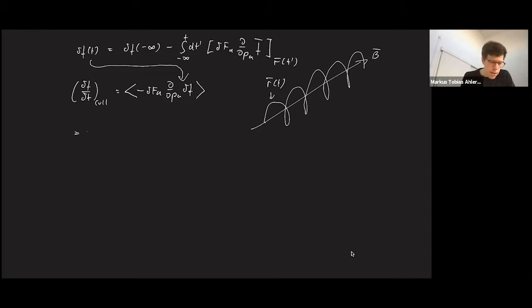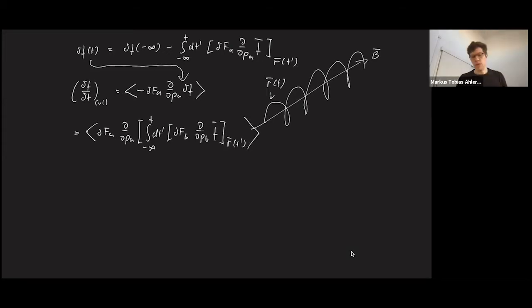It's again the ensemble average, and then I have delta F A, the derivative, and now I have to include this time integral from minus infinity to t, dt prime, and I evaluate the path along the regular component, and this is the path r t prime, and then I close the ensemble average.